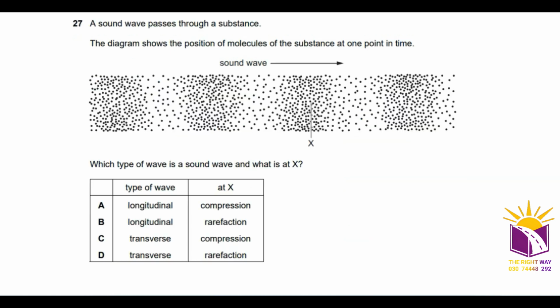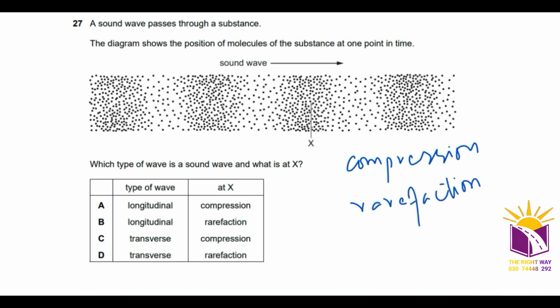Question number 27. A sound wave passes through a substance. The diagram shows the position of molecules of the substance at one point in time. Which type of wave is a sound wave and what is at x? Okay, we know that a sound wave is a longitudinal wave containing compressions and rarefactions.